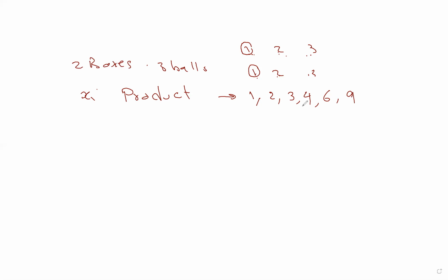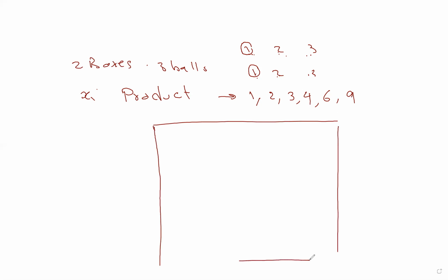So we have 6 values. So xi takes the values 1, 2, 3, 4, 6, and 9. We can write the table to find the probability distribution of this one and find the variance.